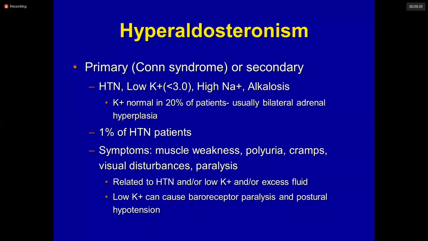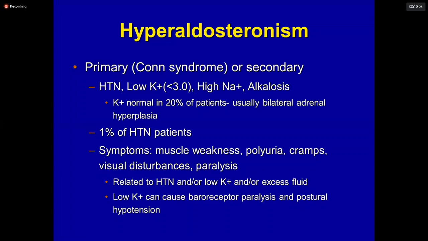So this is the clinical presentation, hypertension, and in most of these patients, there will be associated hypokalemia because of the potassium wasting as an action of this hormone as well, and alkalosis. But in about 20% of patients, the potassium will be normal.